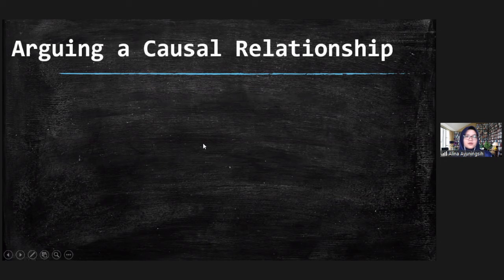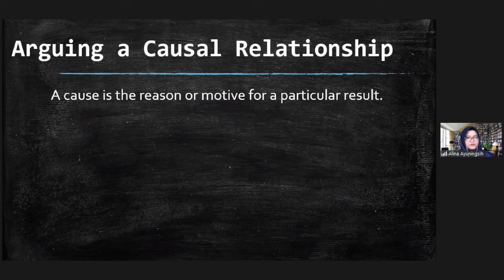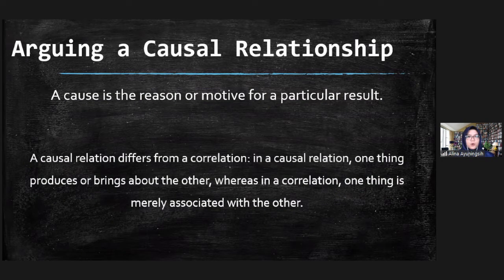Next is arguing a causal relationship. As you can guess, if there is a cause, there must be an effect. But what you need to keep in mind is that causal relation and correlation are very different. A causal relation produces or brings about something, and we can see the effect from the cause itself.